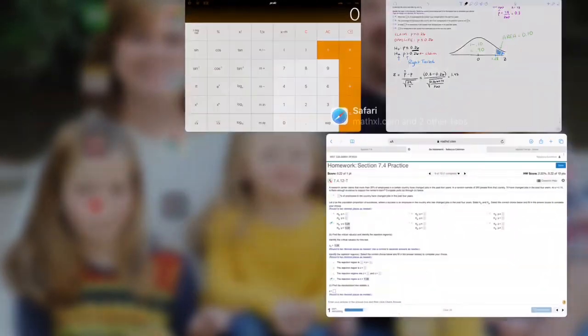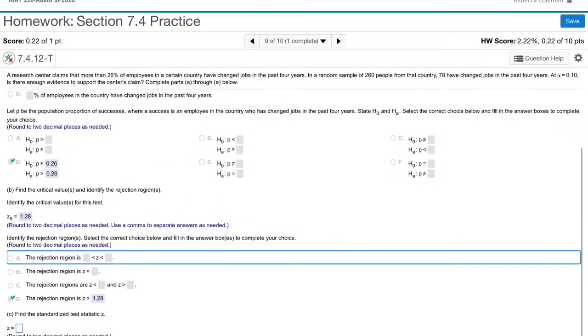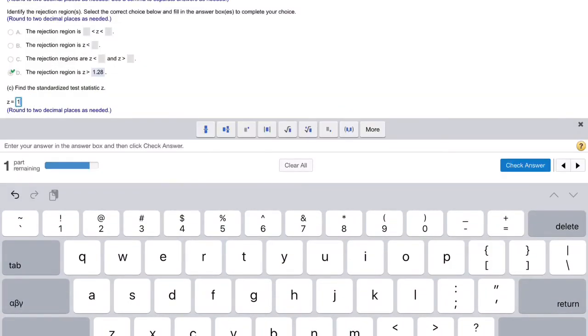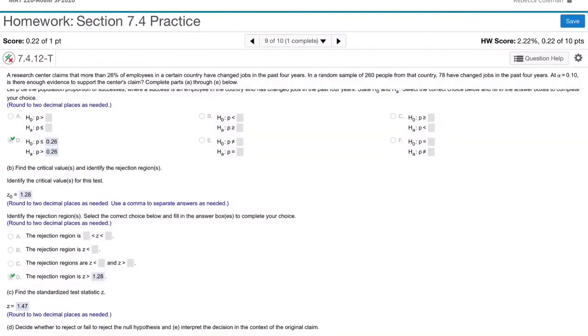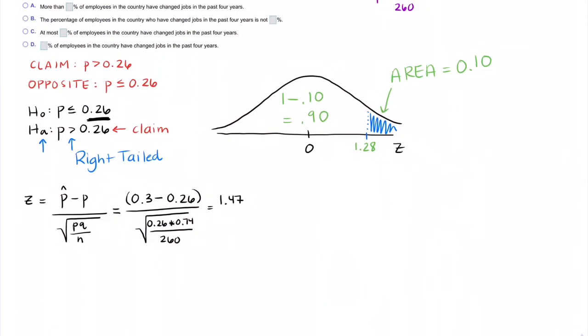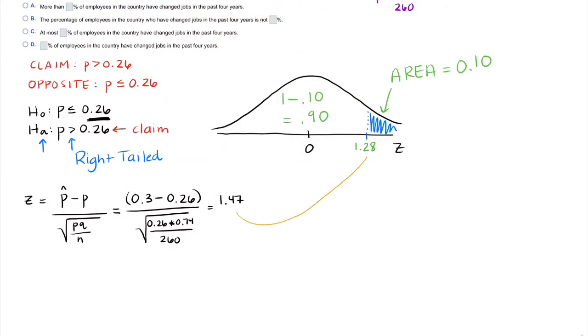All right, so coming back over here, my standardized test statistic, what I just calculated, is 1.47. And what I want to do with that is determine if it's in the shaded rejection region. So if we take 1.47 over here to our shaded rejection region and compare, what we should see is that yes, it does fall in the shaded region.